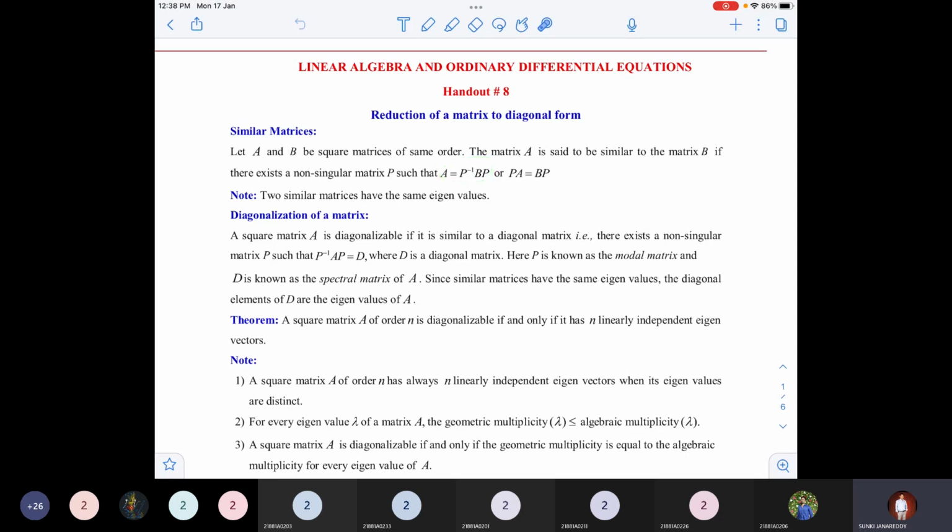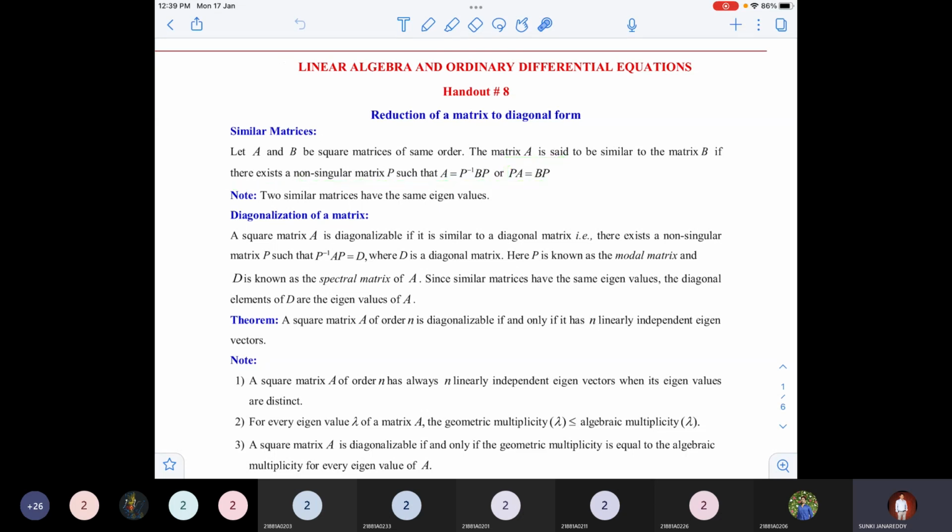We can discuss that now. P is a non-singular matrix; any non-singular matrix you can take. We can form one non-singular matrix from eigenvectors, and how to form that we will see next. So A = P inverse BP, or PA = BP. That is the definition of similar matrices.